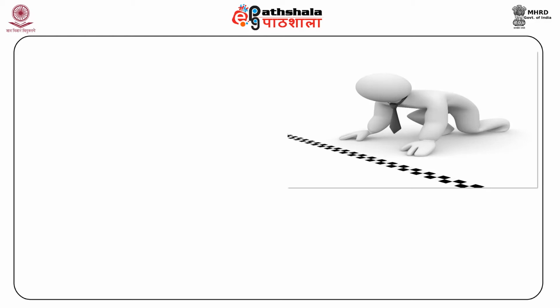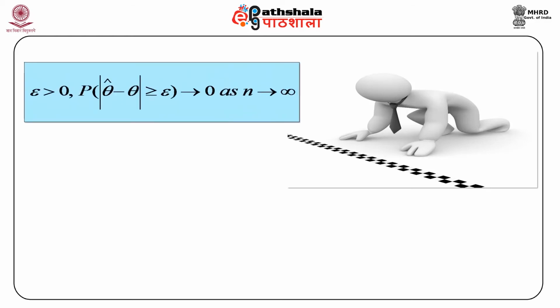We say an estimator is consistent if for any epsilon greater than 0, probability of modulus theta hat minus theta greater than or equal to epsilon tends to 0 as n tends to infinity.